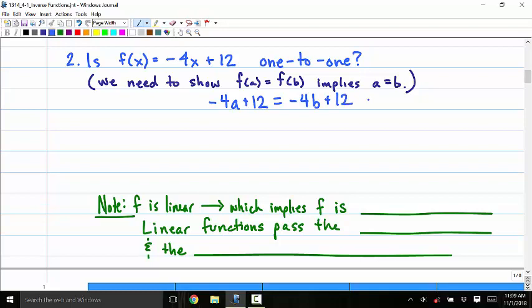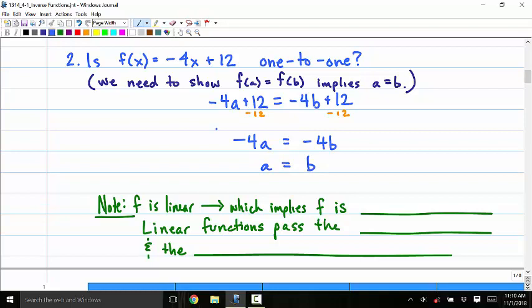What happens if I subtract 12 from both sides? What's left? Now what happens if I divide both sides by -4? A equals b, right?